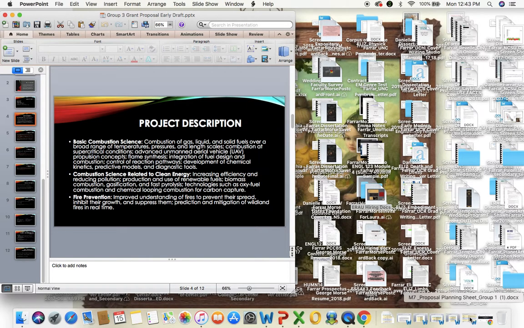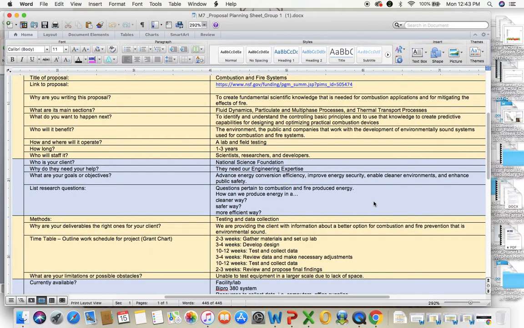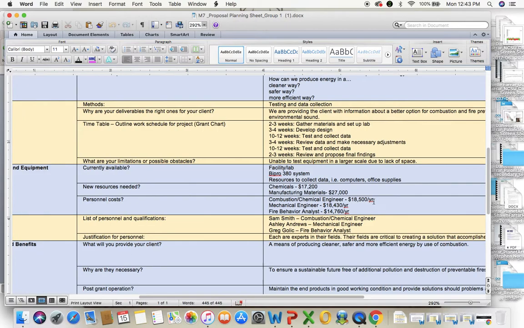Going back to your planning sheet, I was looking at your personnel costs here. They're really low. I mean, 18.5 for a chemical engineer, 18.4 for a mechanical engineer, and then 14.7 for a fire behavior analyst.